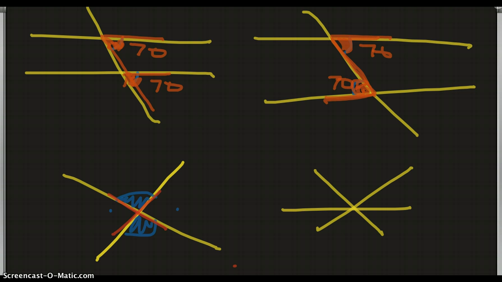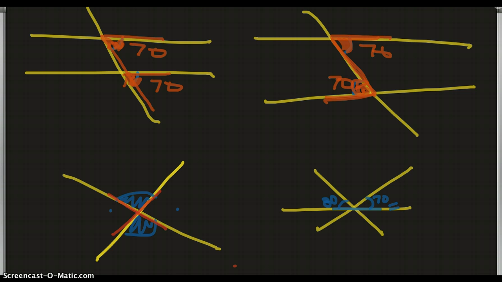And I say that I know that this angle over here equals 80, and then I also know that this angle over here equals 70. So I know that this straight line right here all equals 180.